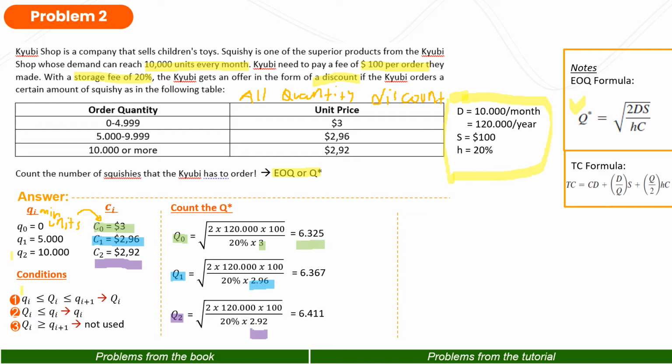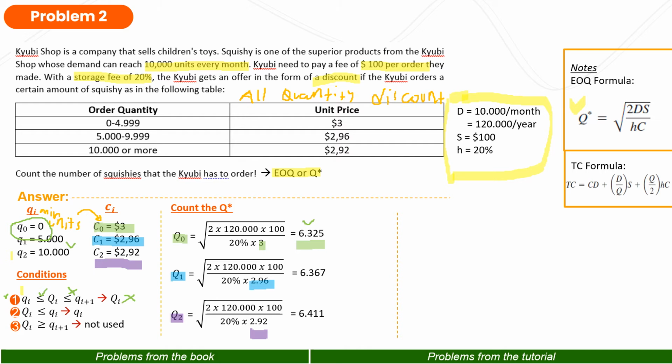When we look at the first condition, the little q0 is 0, and the Q star of 0 is 6,000, and yes, it is bigger, but it is not smaller than the little q2, that is 5,000. So it is not matched with the first condition.